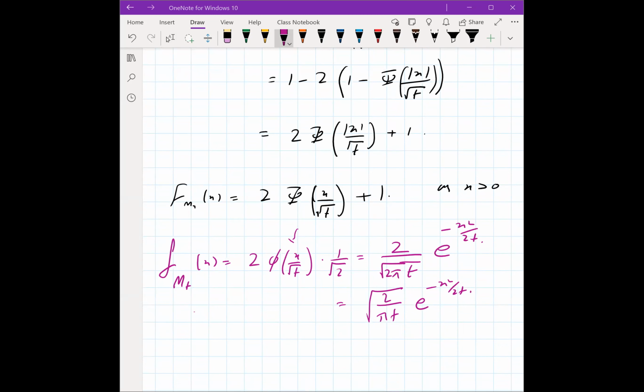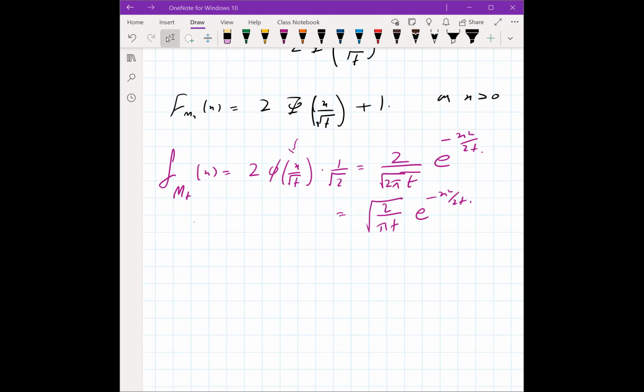Now I said that this Brownian is, well, Brownian is a bit more general.